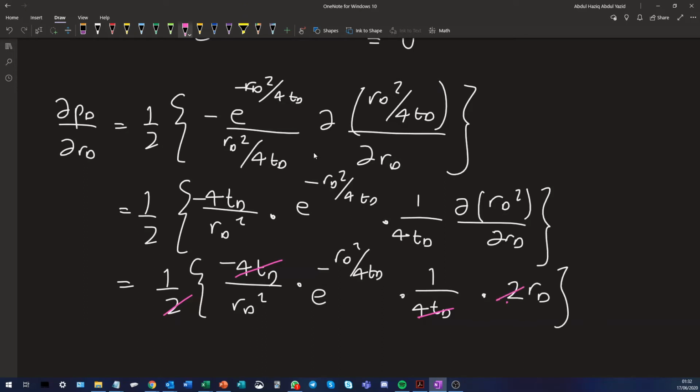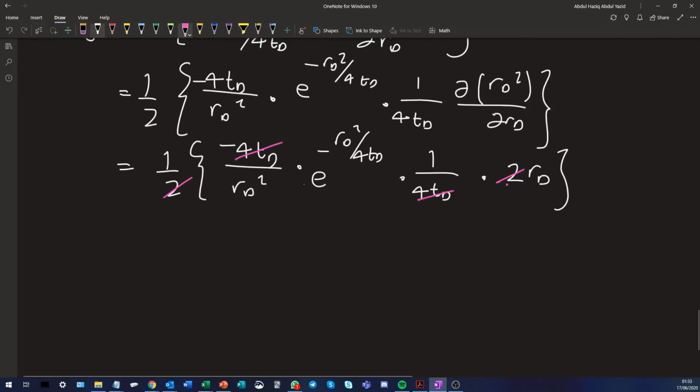Yeah, indeed, that's a 2. So there's a negative sign as well. So finally, we can rewrite this as negative 1 over r_D, because this r_D here divided by r_D squared is just 1 over r_D, e to the negative r_D squared over 4t_D. Okay, so this is what we are left with from the left hand side.